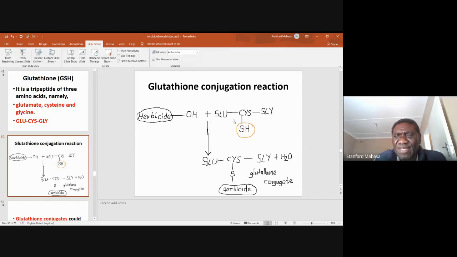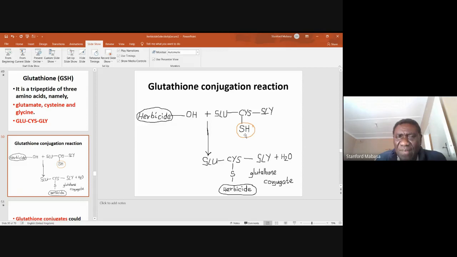which is attached to cysteine, the middle amino acid. Remember, glutathione has got 3 amino acids. Glutamate joined to cysteine, cysteine joined to glycine. And it is the cysteine which carries the reactive component, SH.